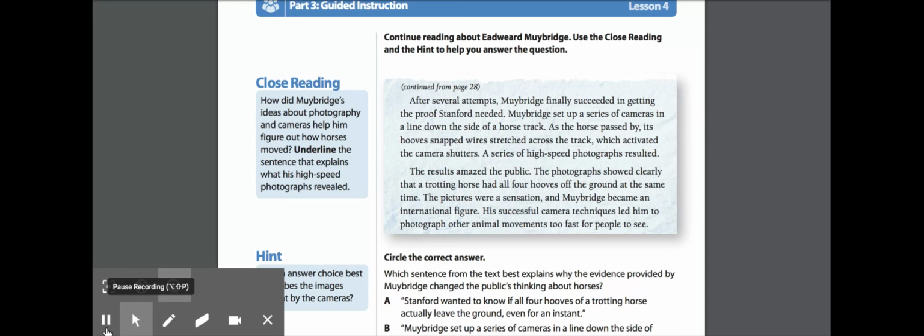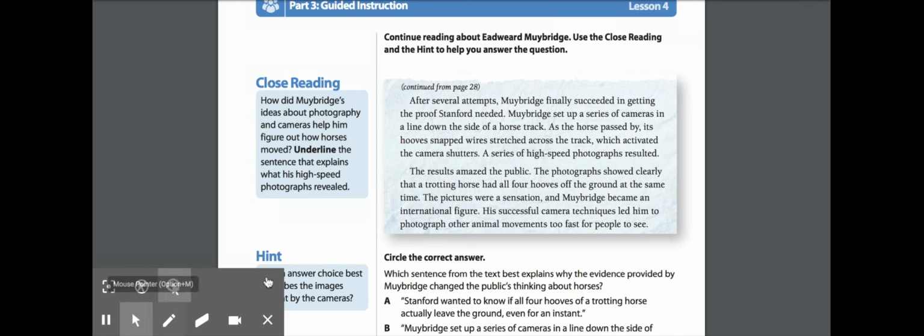The results amazed the public. The photographs showed clearly that the trotting horse had all four hooves off the ground at the same time. The picture was a sensation, and Muybridge became an international figure. His successful camera techniques led him to photograph other animals moving too fast for people to see.